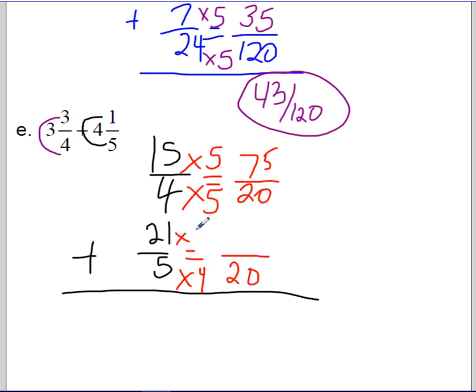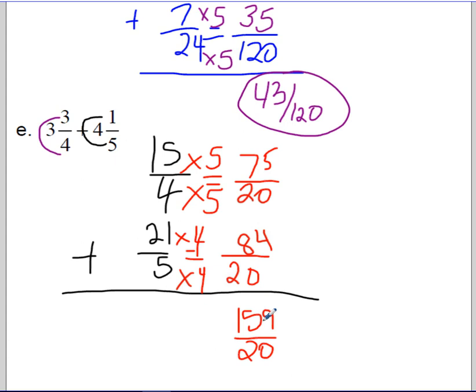So 21 times 4 will give us 84. And so when we go ahead and add that, we have 75 plus 84, which is 159. And that's out of 20.